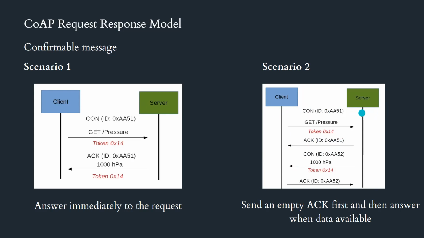The server is waiting for some time until it gets the pressure data, and once it gets the data, it sends the data via a CON message type. And then the acknowledgement message is sent by the client, saying that it has received the pressure data reliably from the server. So these are the two scenarios that can happen with the CoAP CON message type.